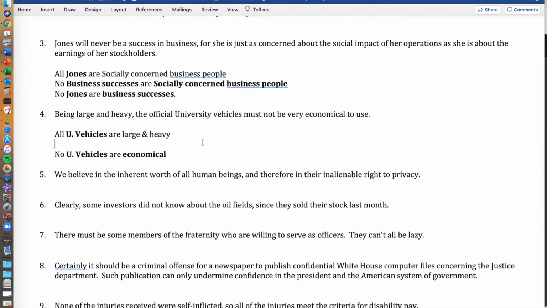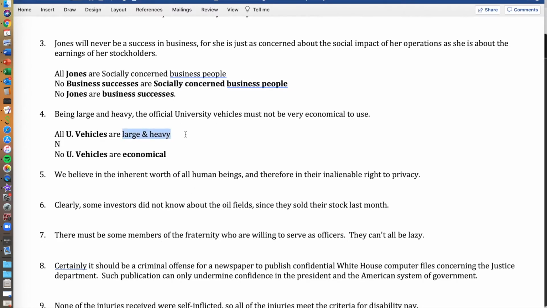Now we can generate the missing premise. We have a negative conclusion, which means our missing premise must also be negative because the given premise is affirmative. So the missing premise is negative, we know that. Then we turn to the middle term, and the middle term is large and heavy vehicles, right?